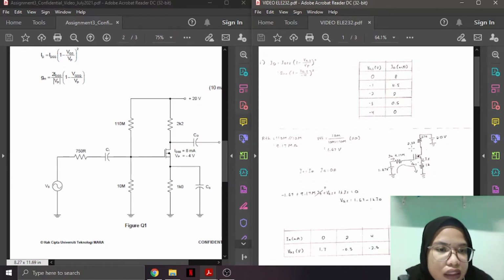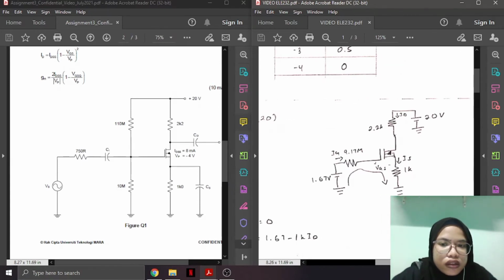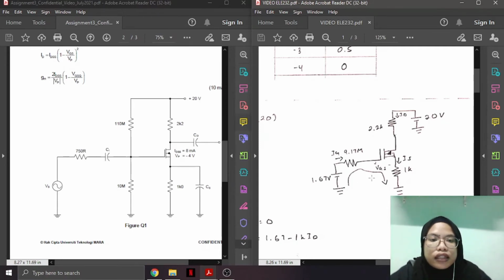So we only got 3 resistors and 2 voltages. This is the circuit that I got. This is the RTH, and also this is the VTH. Next we use KVL to find the VGS of the circuit. We know this is the gate, drain, and this is the source.